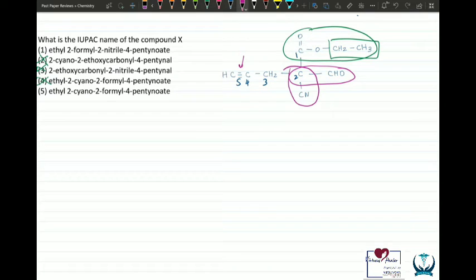So this will be ethyl 2-cyano-2-formylpent-4-ynoate, because it has 5 carbons and the triple bond is placed on the 4th carbon. This can also be named as pent-4-ynoate. Therefore, the answer is 5.